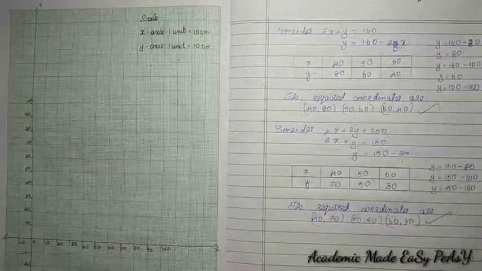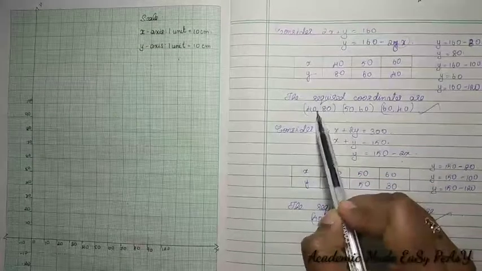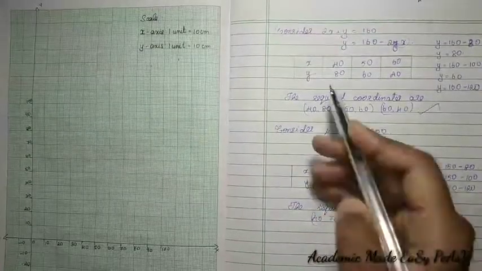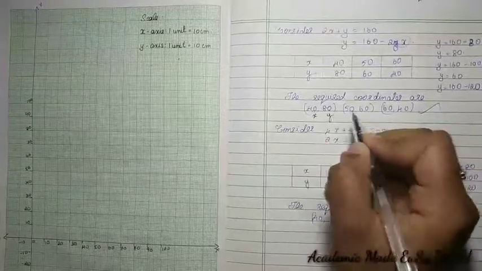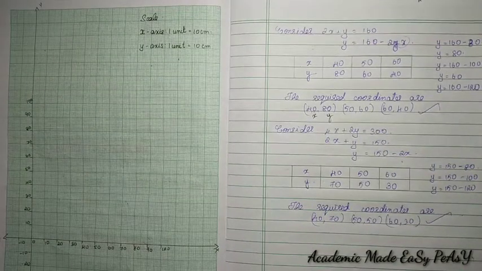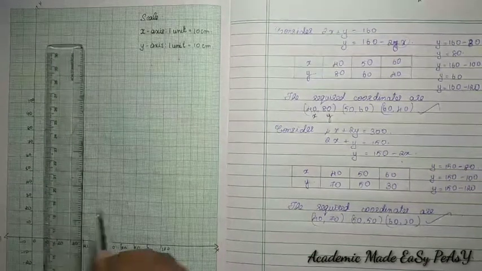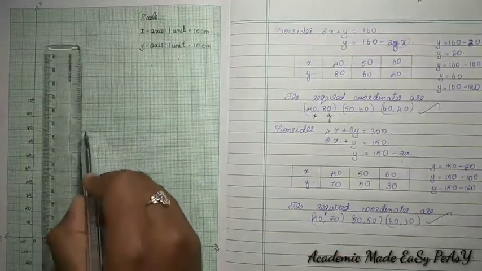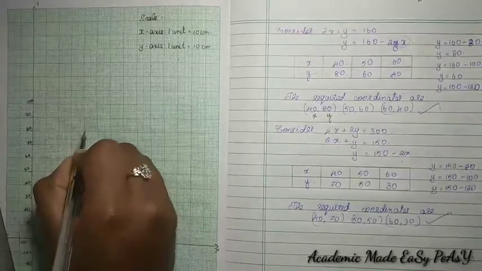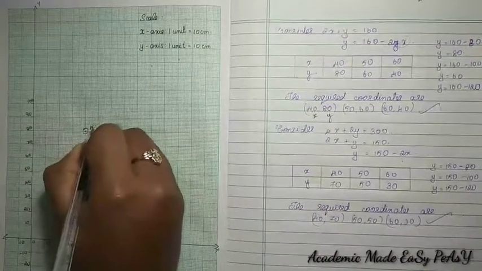So now let's start plotting. My first equation coordinates are 40, 80 first. So x and y, no? So now I will start plotting. My x 40 is over here and my y 80, no? So it is over here. I will be marking this point as 40, 80.